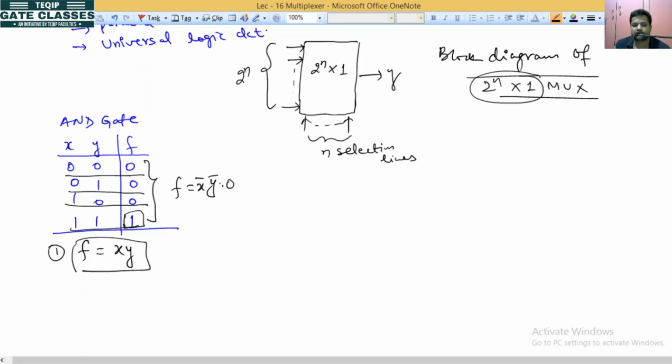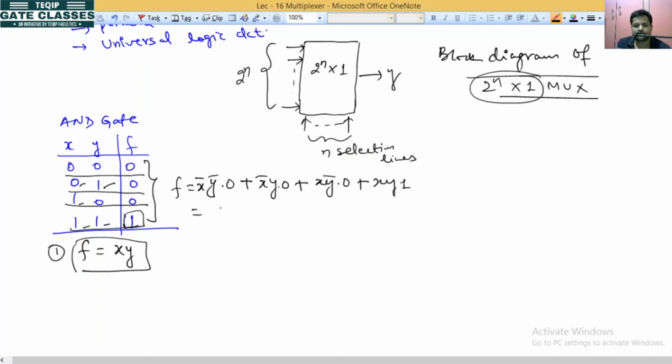So it will be x bar y bar dot 0 plus x bar y dot 0 plus x y bar dot 0 plus x y dot 1.